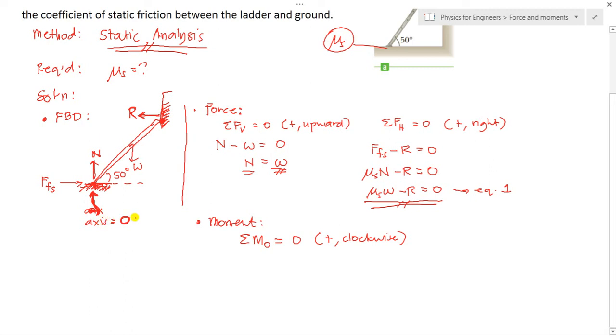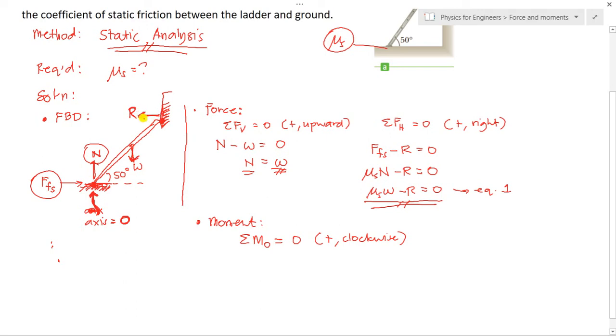Okay, unsa may mga forces nga ma-cancel out nga di na nato ma-input diri sa moment along O, based on our FBD? Okay, the normal force and the frictional force. So kaning FS and then N kay naigo man sa axis, wa na siya. So unsa lay mga forces nga wa naigo, kaning weight and the R.